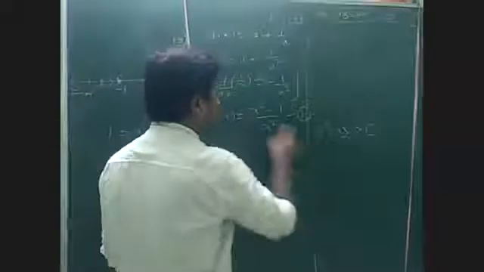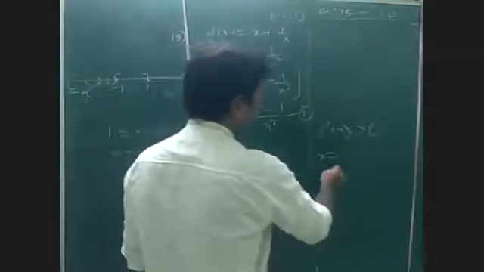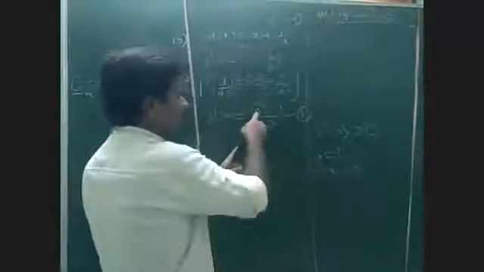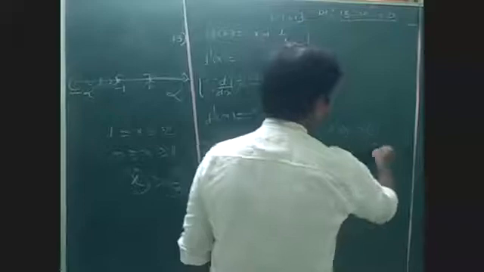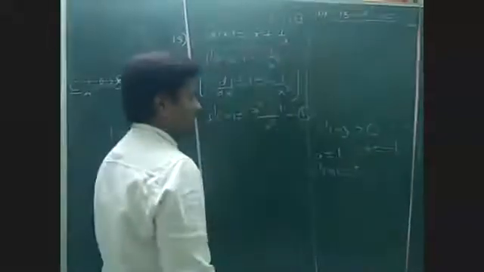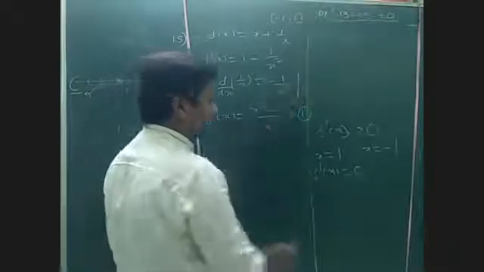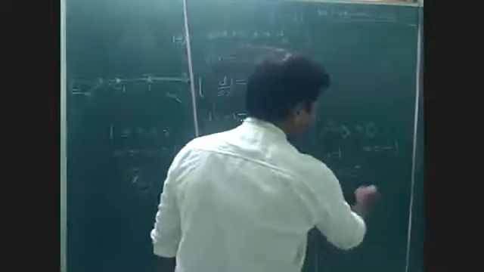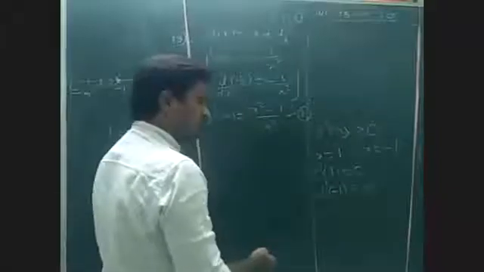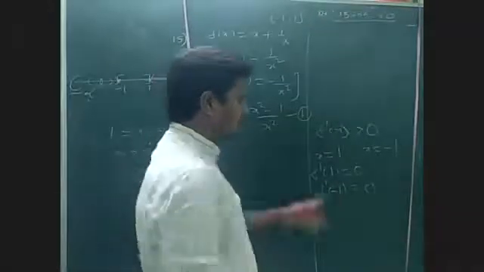At x is equal to 1, f dash of x is 0: 1 minus 1, 0. Substitute x is equal to -1. -1 square is 1 only. Again, f dash of -1 is also 0. F dash of 1 is 0, f dash of -1 is 0.